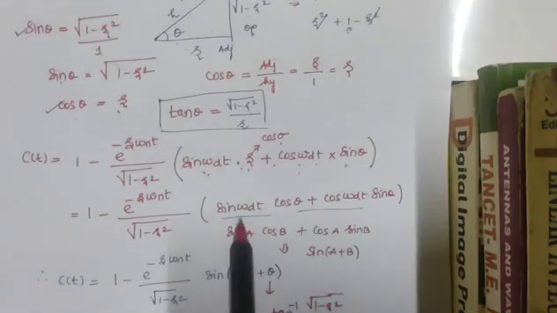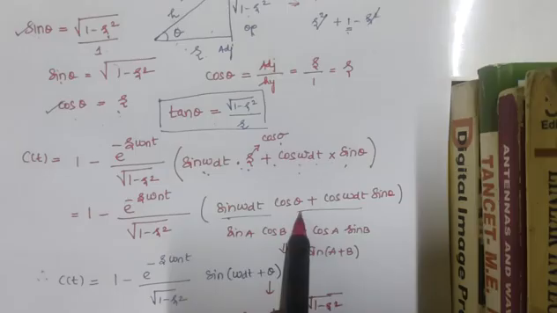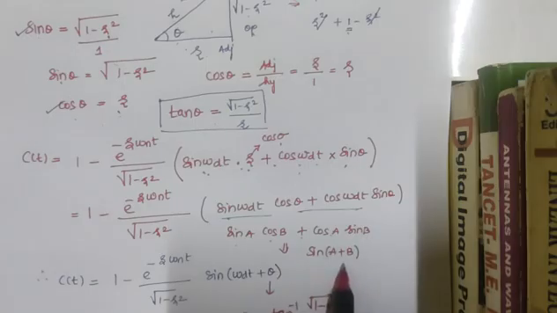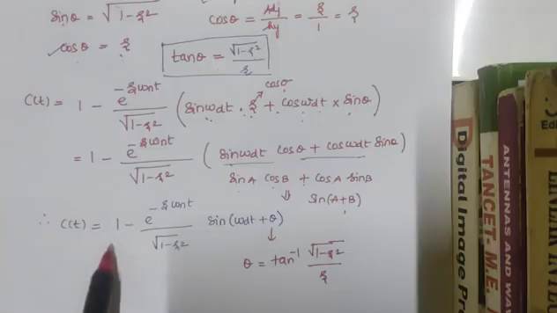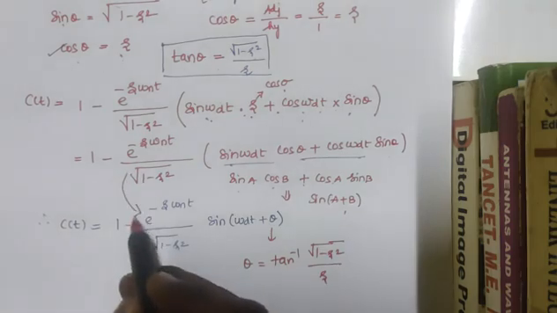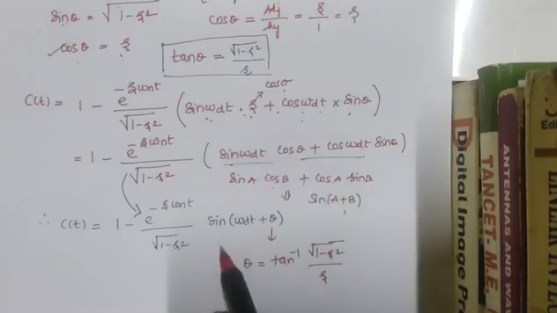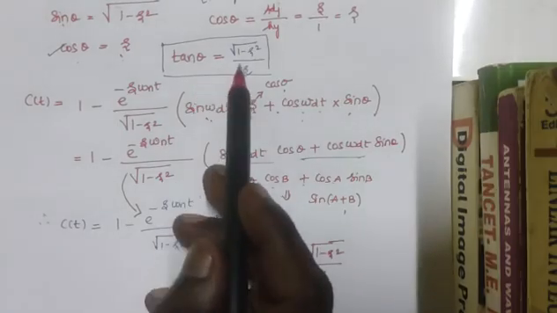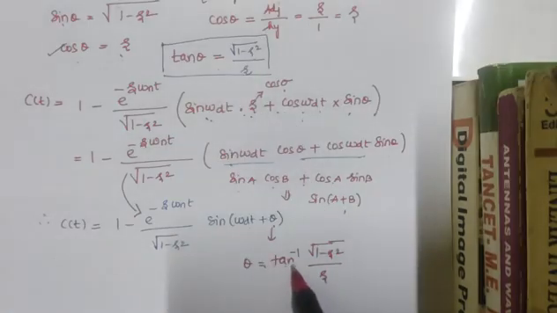Now you take this one: sin omega d t cos theta plus cos omega d t sin theta. It becomes sin a cos b plus cos a sin b. The formula is sin of a plus b. So c of t can be written as 1 minus e power minus psi omega n t divided by square root of 1 minus psi square, taking this term, into sin of omega d t plus theta. How can I compute theta? I know tan theta, so theta is equal to tan inverse of square root of 1 minus psi square divided by psi.